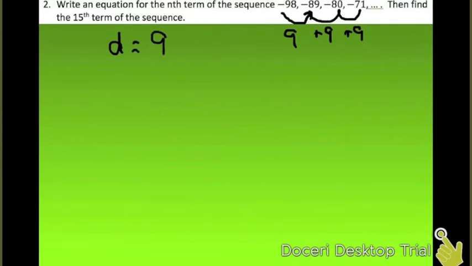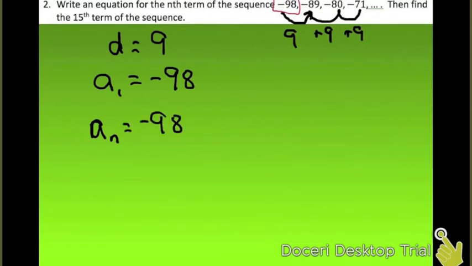The first term, what we start with, a sub 1, is going to be negative 98. So if we write an equation for this, it's going to be a sub n equals negative 98 plus 9 times n minus 1. And in this case, they're asking us for the 15th term.